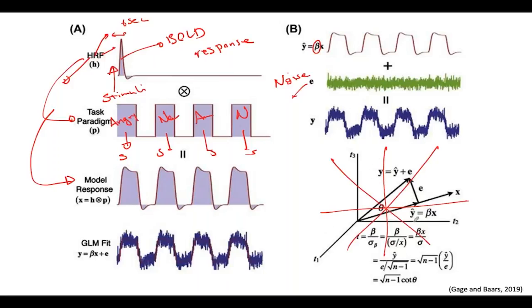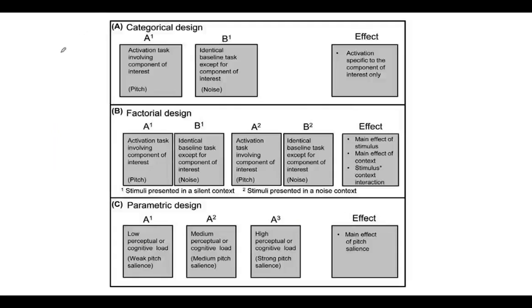This is not something that you are going to learn. So I just wanted to say that, okay, there are some kind of mathematical complexities that are not essential for you to learn. So just ignore this part of mathematical discussions. And then we have different ways of stimulus presentation, okay?